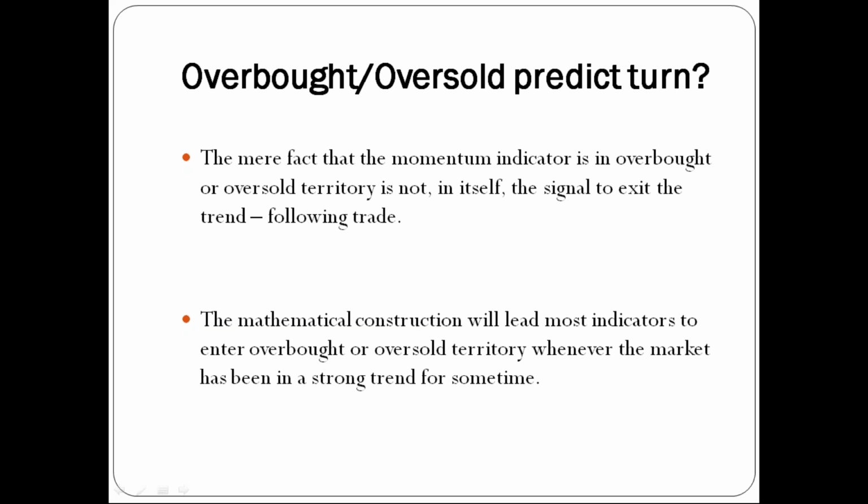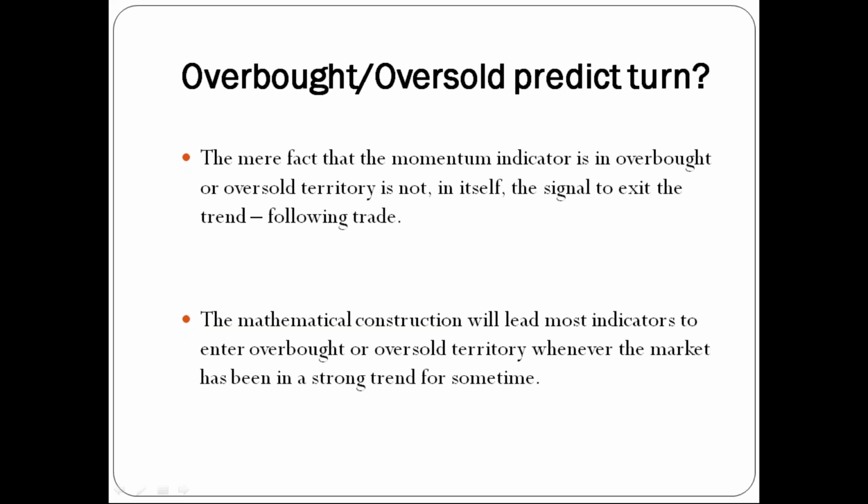If you were holding a long trade and suddenly RSI moves into the 70 zone, that is the overbought zone, that does not signal you to exit your long trades. The RSI may remain above 70 for many months or many days, right? So it is not a signal for you to exit your trade once the RSI moves into the overbought zone.